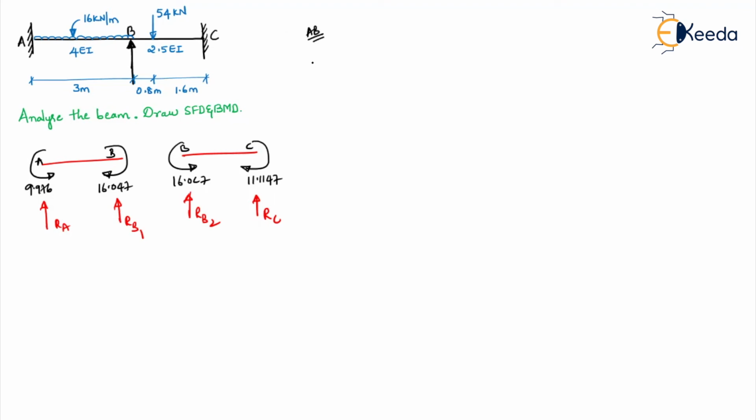For span AB I am doing sum of vertical forces equal to 0, all upward forces positive. So what will it give? RA plus RB1 will be equal to 16 into 3, that's 48. Then you do sum of moment equal to 0, all clockwise forces positive.